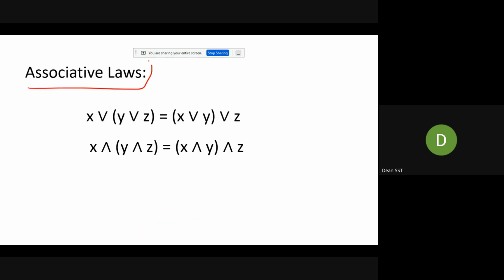Let us consider the associative law. Here we can see X, Y, and Z. These are 3 variables. What are the different operations?